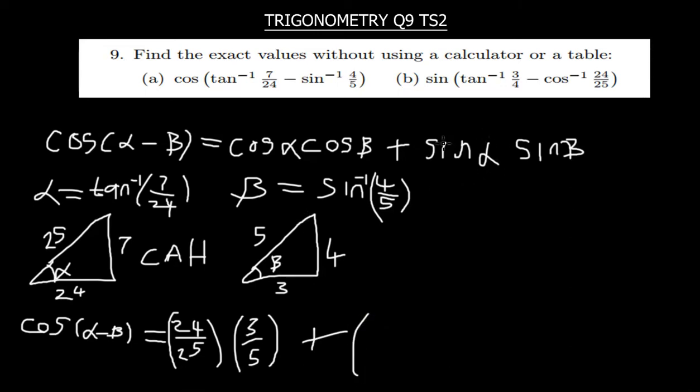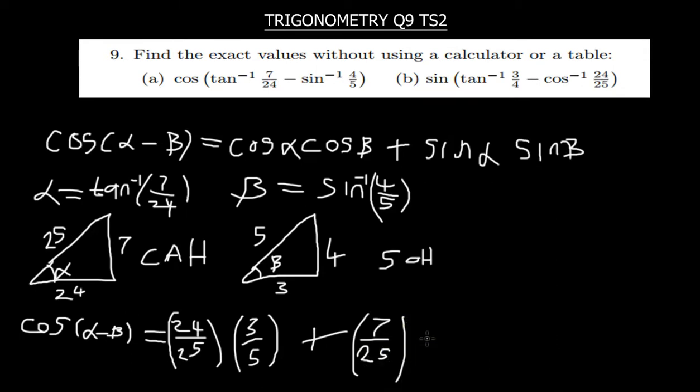Let me also find sine alpha. Sine alpha, we go back again where there is this angle alpha, and then we find sine. Sine is opposite over hypotenuse. So my opposite there on alpha is 7 over my hypotenuse there, 25.